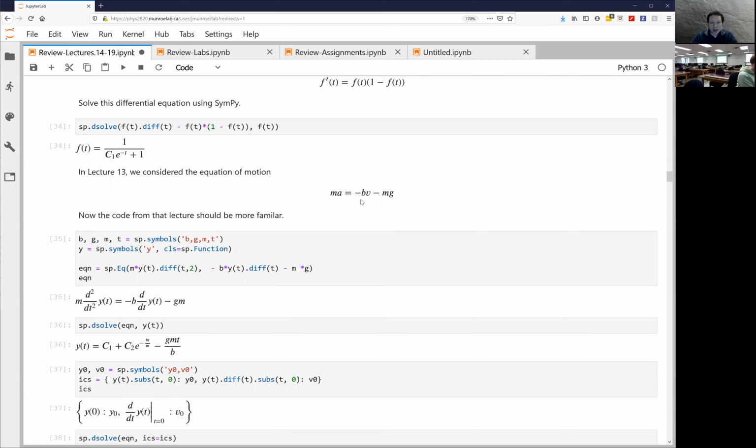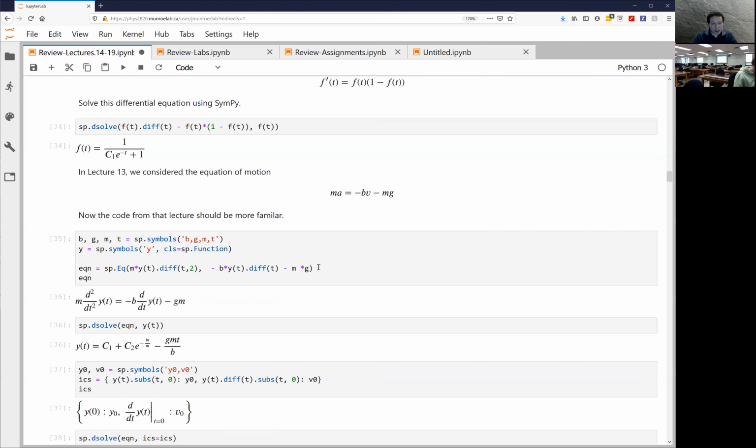M, b, and g, and there's also a time always buried in here, are the symbols. Y is the function. The second derivative of y is acceleration. The first derivative of y is the velocity. So we can write this whole thing as an equation: m times the second derivative of y is equal to minus b times the velocity minus m times g.